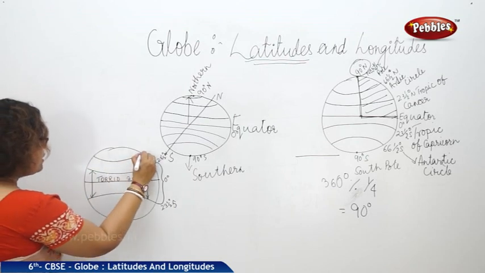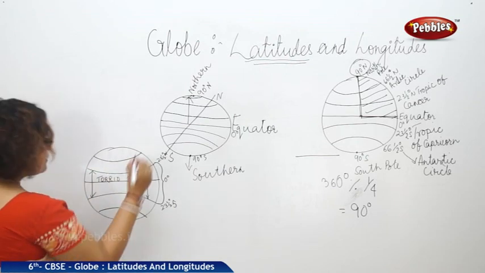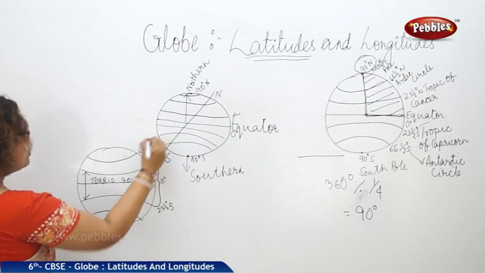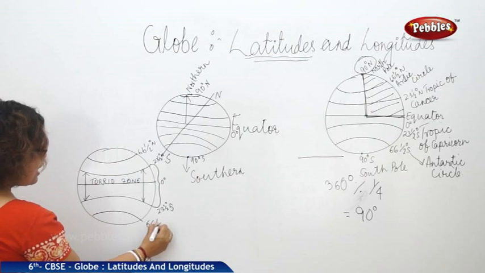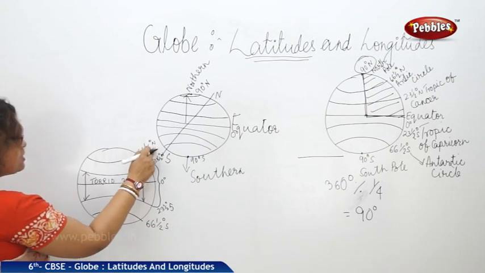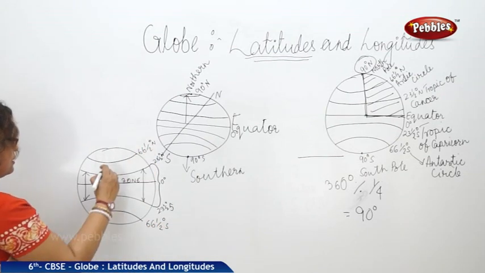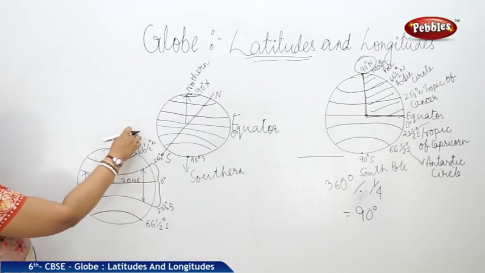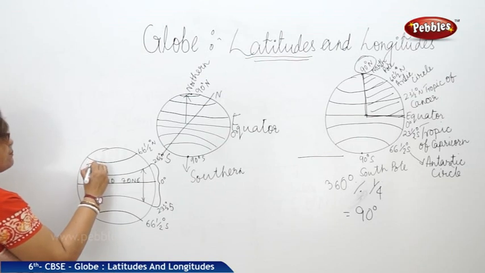Come to the next one, which is 66.5 degree north, we know that, and 66.5 degrees south: Arctic Circle and Antarctic Circle. From 23.5 degree north to 66.5 degree north is known as temperate zone.